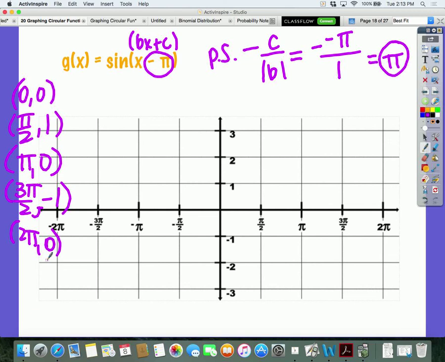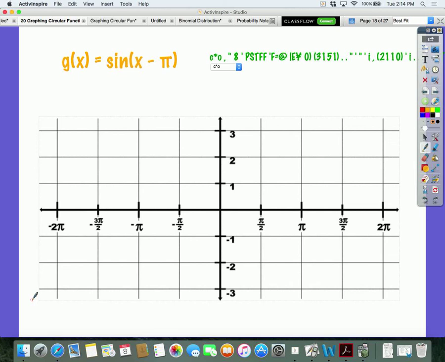So I'm adding pi every time. What is 0 plus pi? What's pi over 2 plus pi? 3 pi over 2.